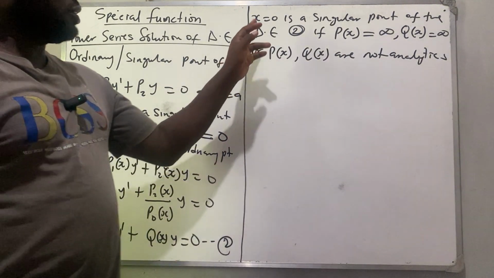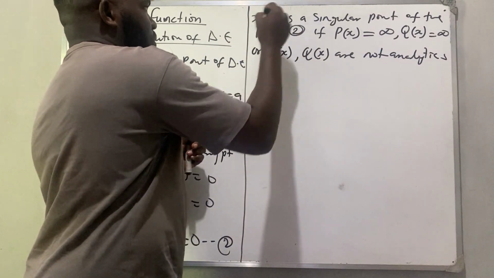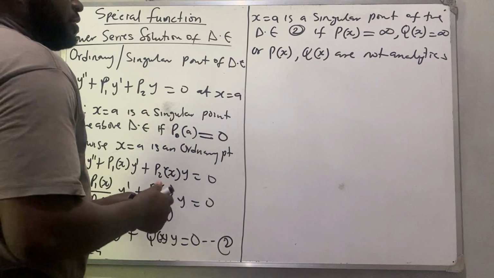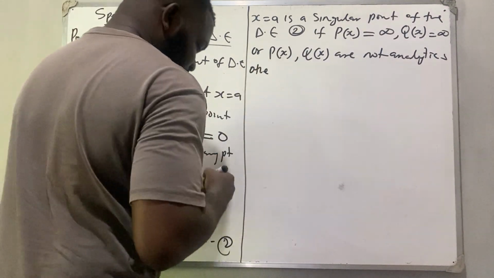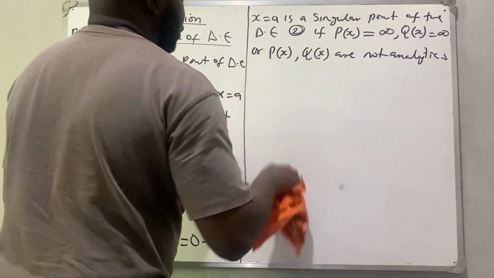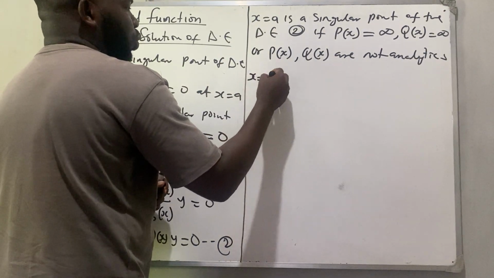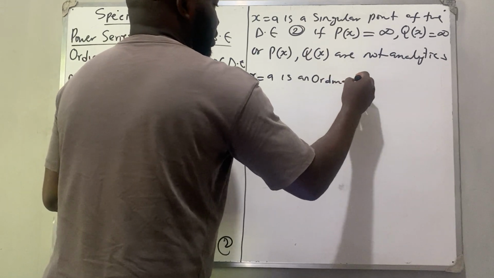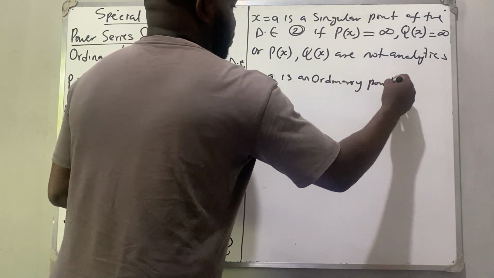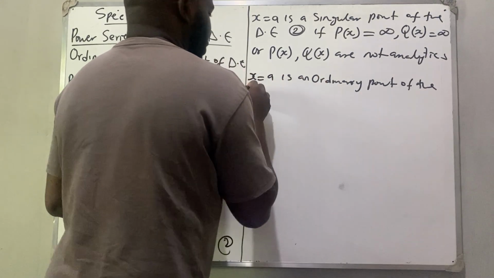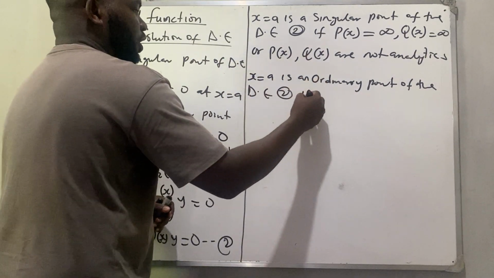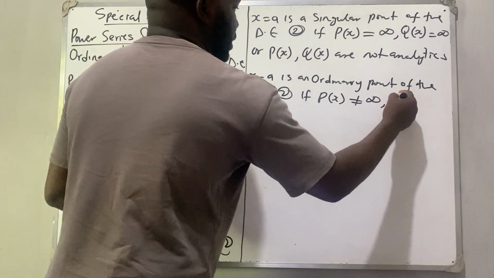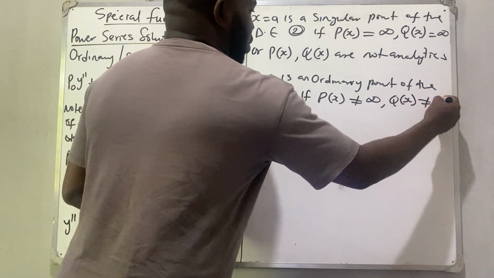Then x equal to a, not x equal to 0. X equal to a, any constant at all, is going to be a singular point. Otherwise, instead of putting otherwise, let me just write it in full. The otherwise I mean is that x equal to a is an ordinary point of the differential equation 2 if p of x is not equal to infinity and q of x is not equal to infinity.